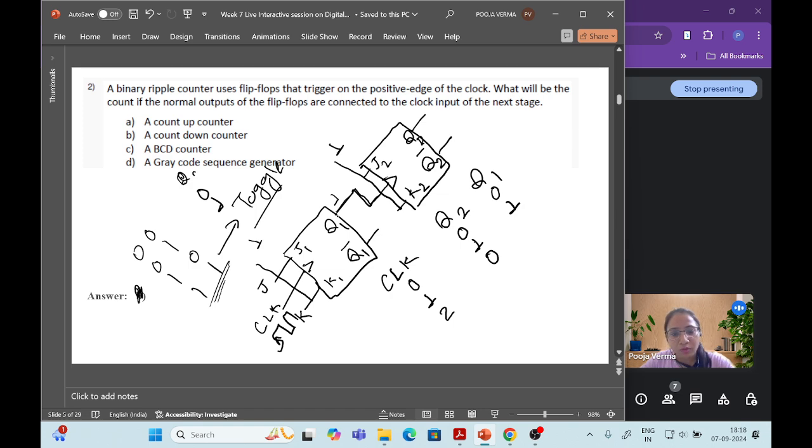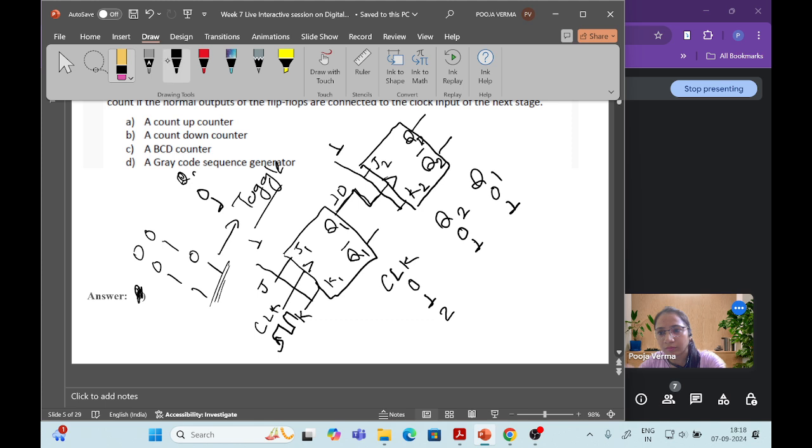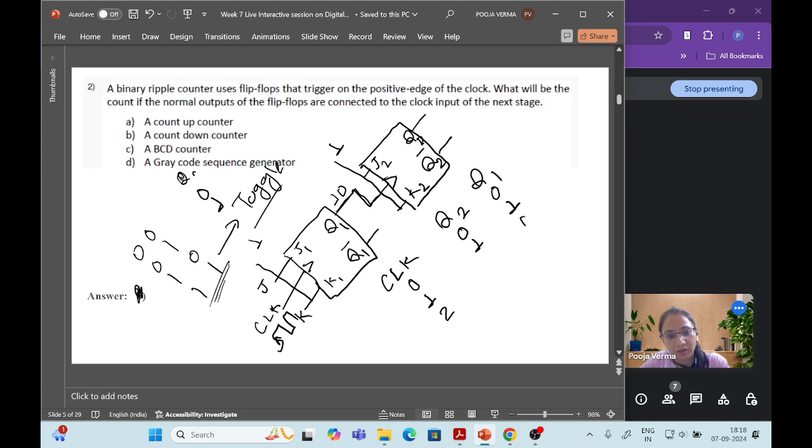Now Q1 is 0, so this flip-flop will be deactivated and will not trigger. So its output will stay in the same state, which is 1. So Q1 is 0, right? And Q2 will remain in the same state.